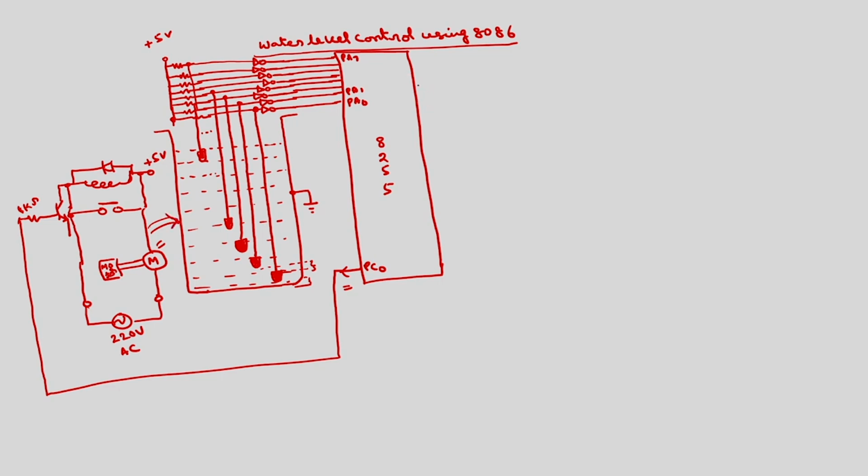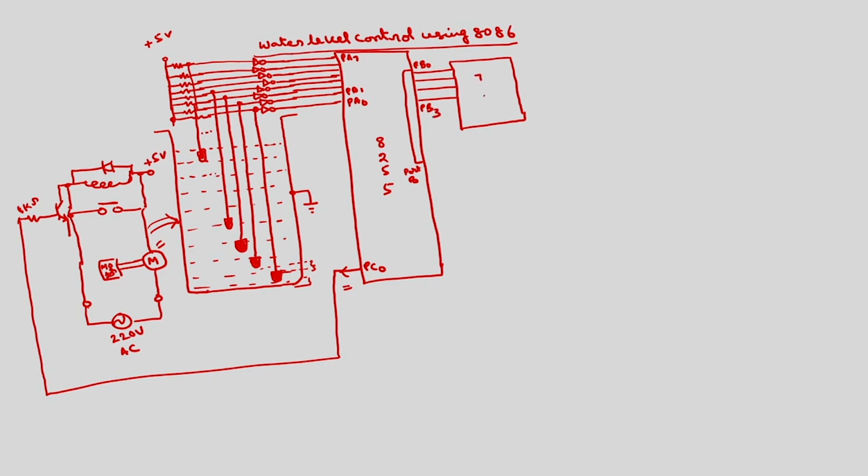Now, we can send this value to another port. I am using port B to send the data to the display. Through a BCD to 7 segment decoder, you can use 4 pins of port B, the lower order 4 bits, PB0, PB1, PB2, PB3.